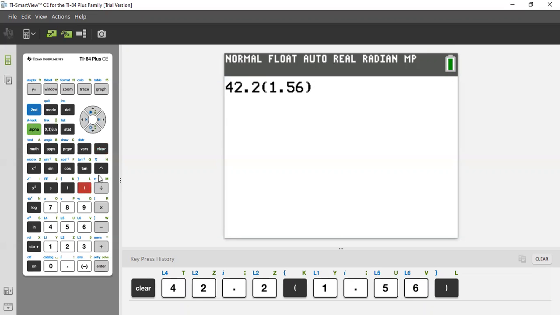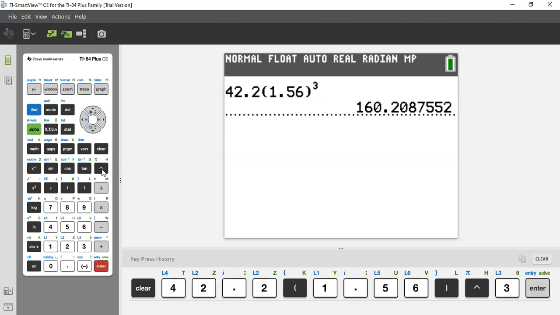In order to get up to the exponent, I've got to use this caret button right here. It's right underneath the clear button. Mine shows that it actually pushes it up to the exponent. Your particular calculator may just show you the little caret wedge. And so I'm going to press enter. So we got 160.208. It did want us to round to the nearest dollar, so we would say 160.